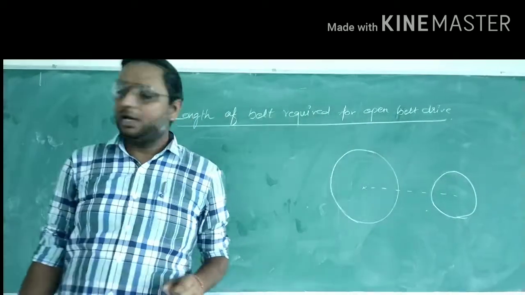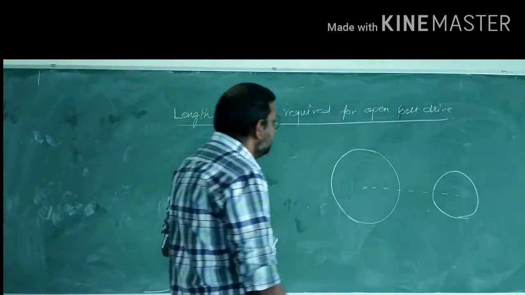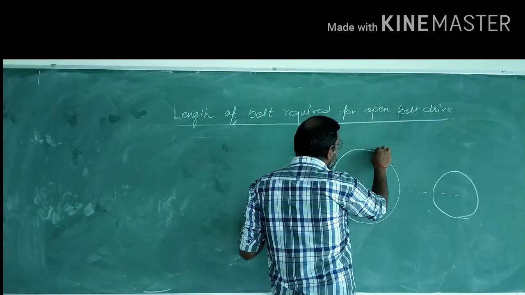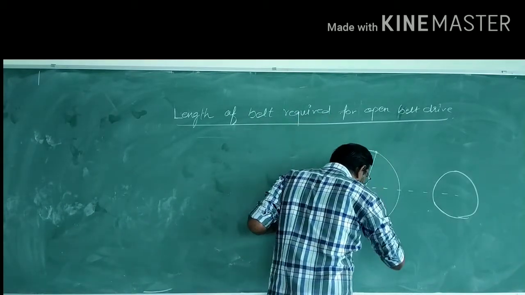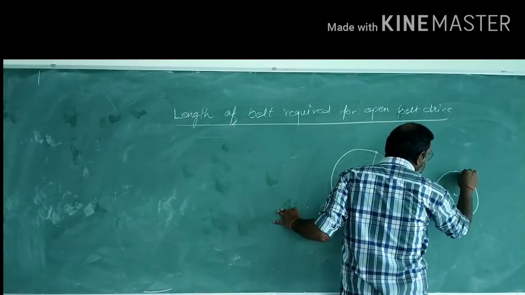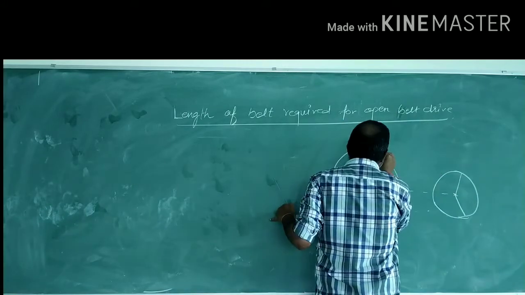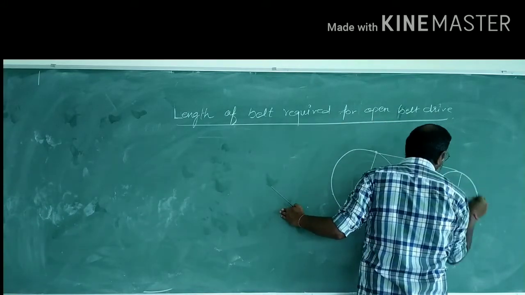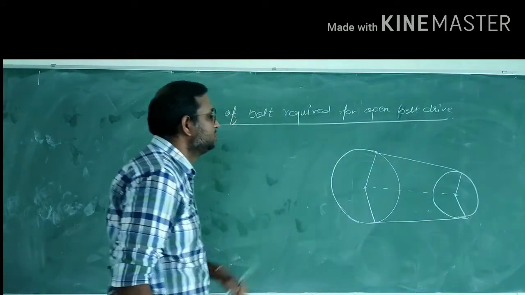Okay, so we are having two pulleys, largest and the smallest pulley. Let us consider this is the point where belt leaves the larger pulley. Okay, similarly these are the points where belt touches and leaves the smaller pulley.